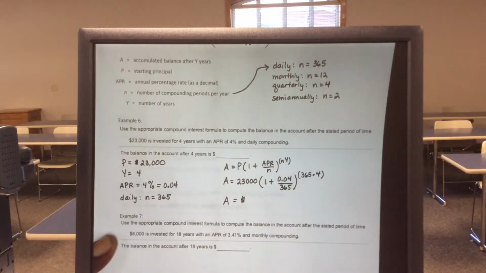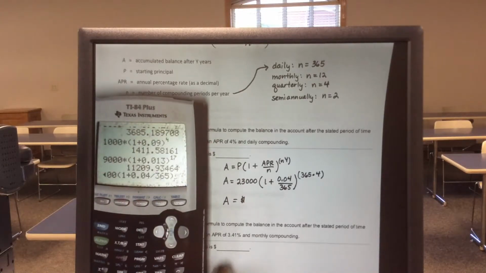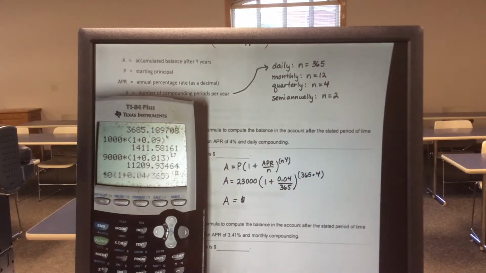Now all of this can be typed in the calculator. Here we've got 23,000, we're going to type that in, then left parentheses, 1 plus 0.04 divided by 365, close parentheses. For the exponent, we press this hat button, and then left parentheses, 365 times 4, close parentheses, and then hit enter.